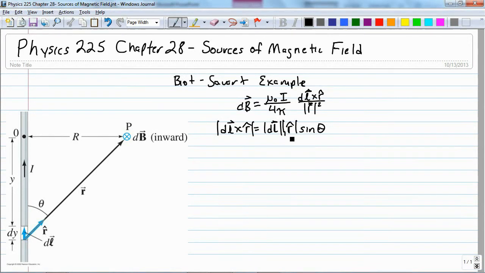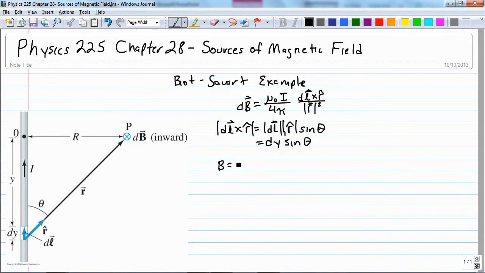And this r hat is just equal to 1. It's just the length, right? And the differential length we're calling dy. So this leaves me with dy sine theta. And now I can rewrite my integral now that I've got my information.